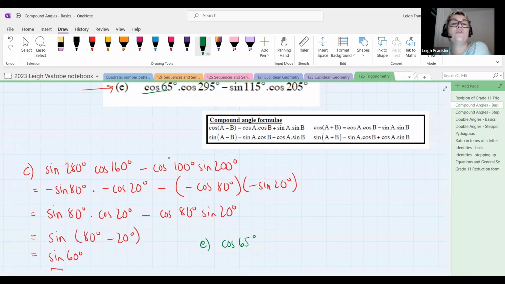How did you write cos 295? Well, you would have had to reduce this one, wouldn't you? So you would have had to show a reduction formula here, or shown what you got when you reduced. So how did you reduce cos 295?